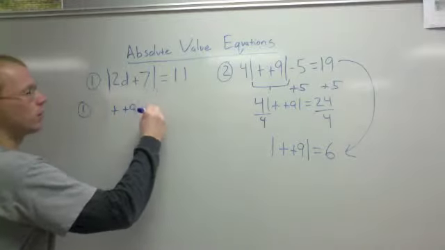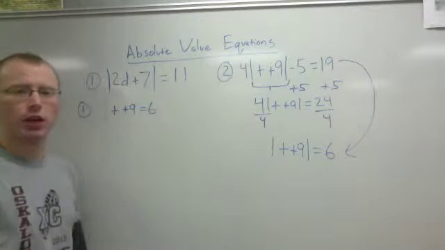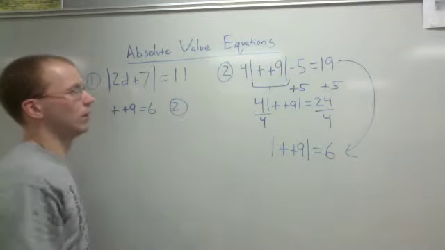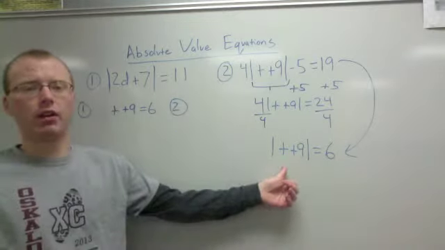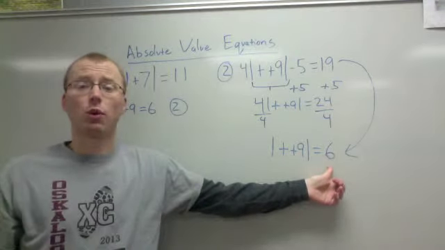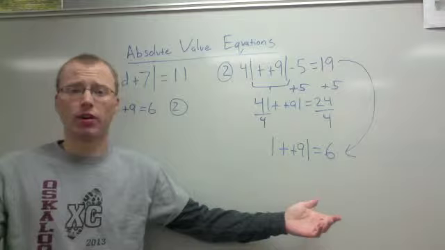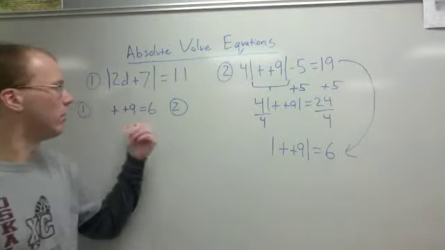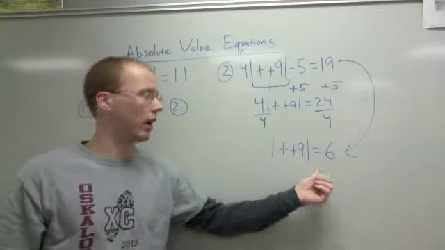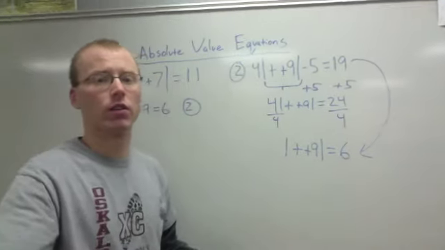So you're going to have t plus 9 equals 6. The second equation you're going to write, you're going to negate the side of the equation that does not have the absolute value. So instead of being t plus 9 equals a positive 6, you're going to have t plus 9 equals negative 6.